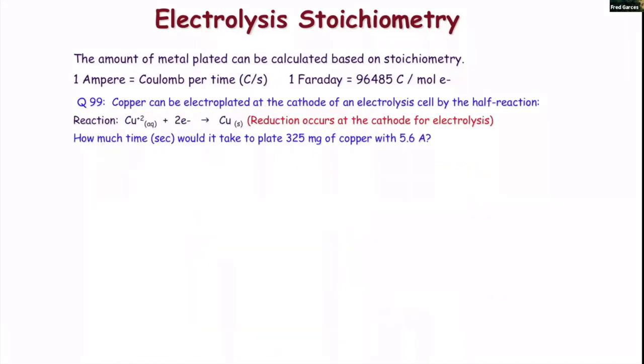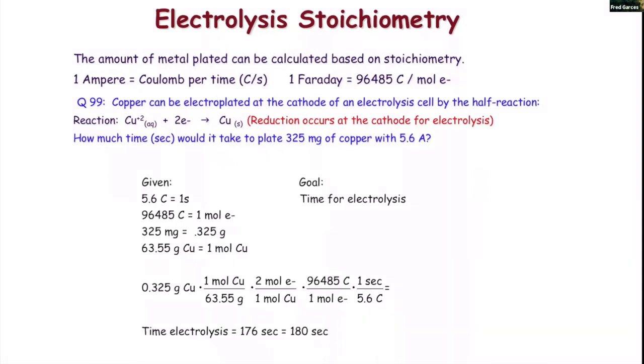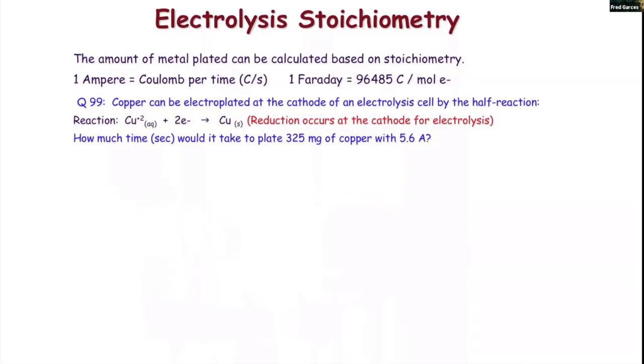Okay, so here's another problem. Copper can be electroplated at the cathode of an electrolysis cell by the half reaction. How much time would it take to plate out 325 milligrams of copper? Again, you want to use 0.325 grams of copper, use the atomic weight of copper to get it to moles of electrons.